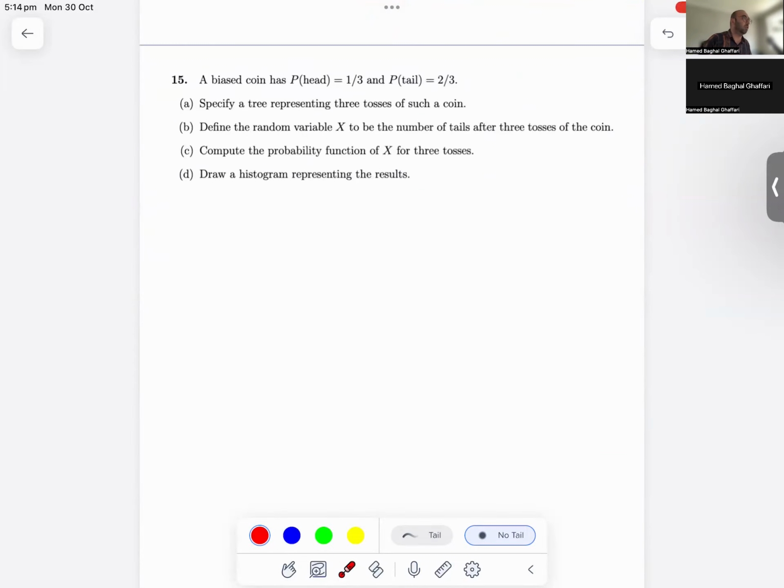Question 15. We can see that the tree can be obtained like this.